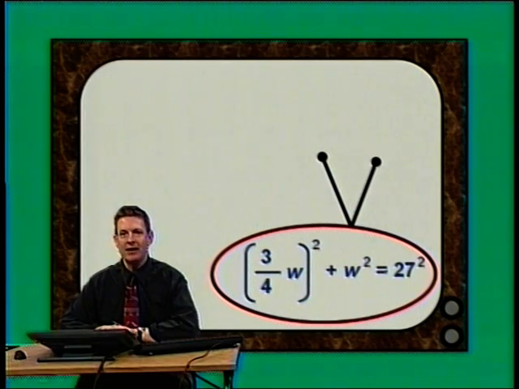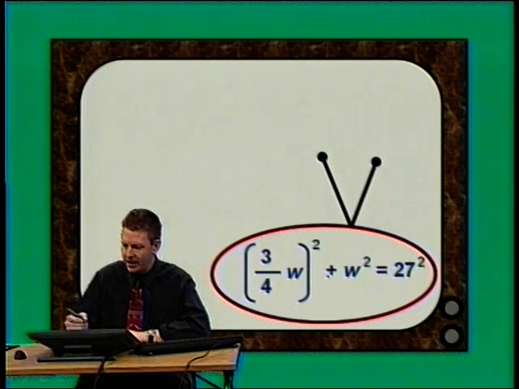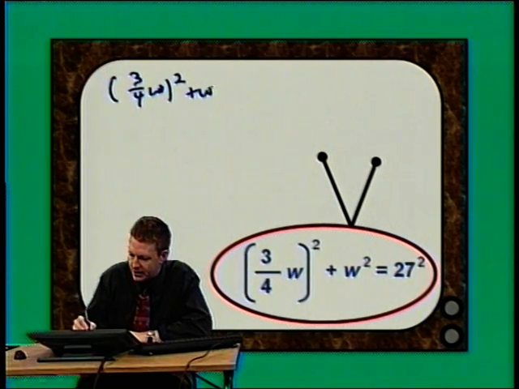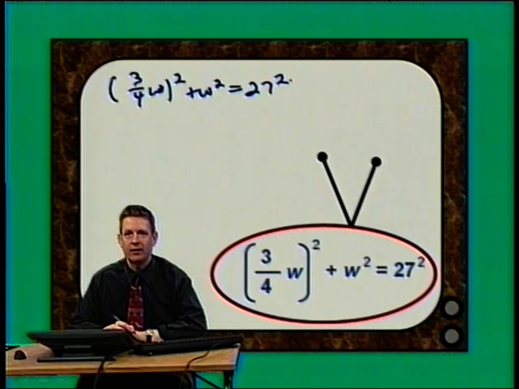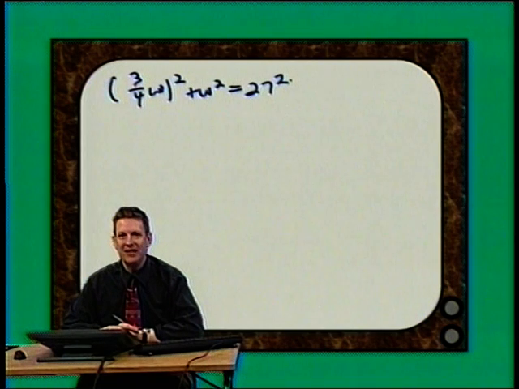So I'm going to begin by copying over my working equation that came from the Pythagorean theorem. (3/4 w) squared plus w squared equals 27 squared. Let's give ourselves some room and let's solve this equation. I think I'm going to begin by simplifying the first term on the left side of the equal sign.